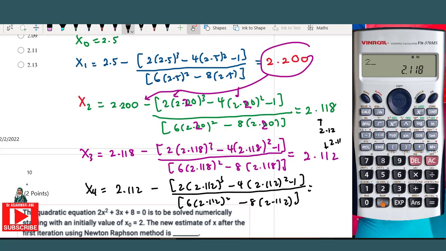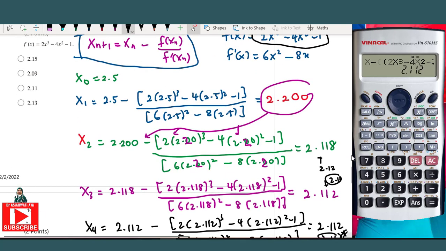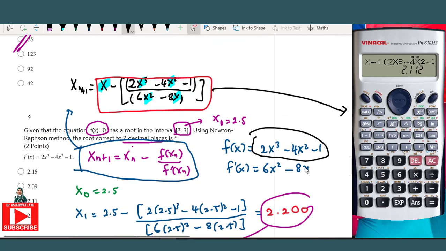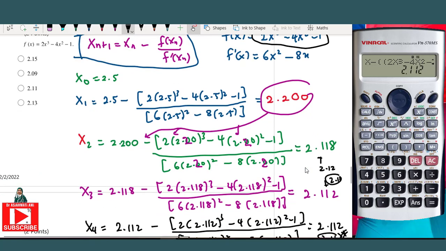The answer is 2.112. Round off to 2.11, the same value. Then stop at this step. So the root in decimal is 2.11.